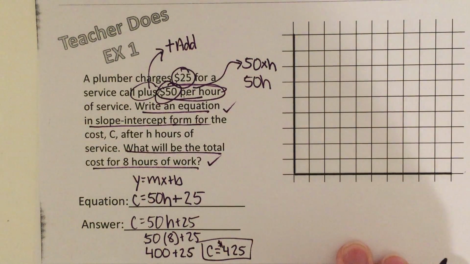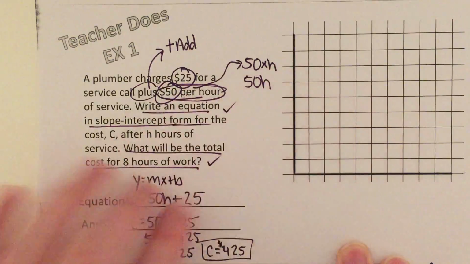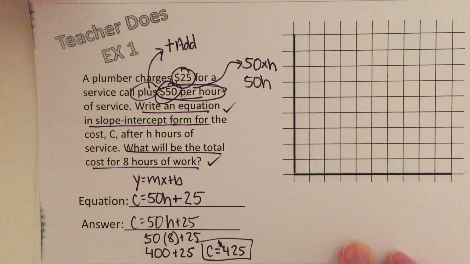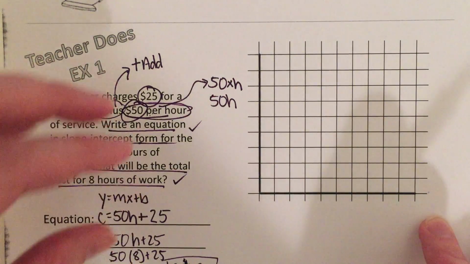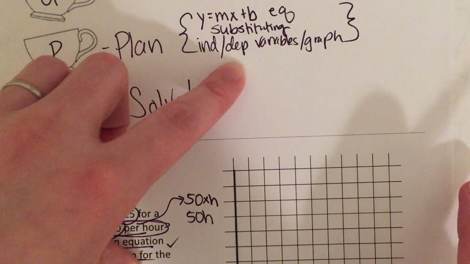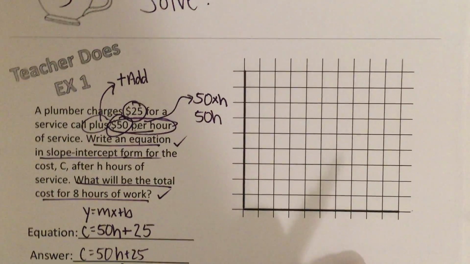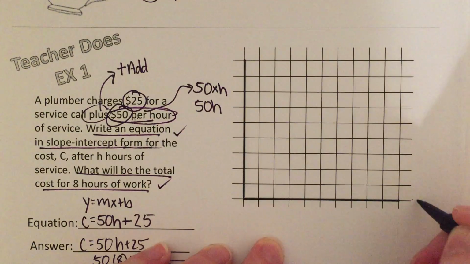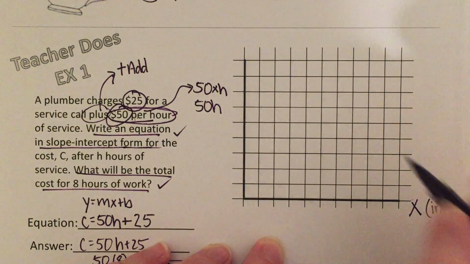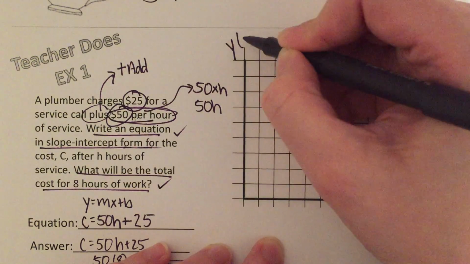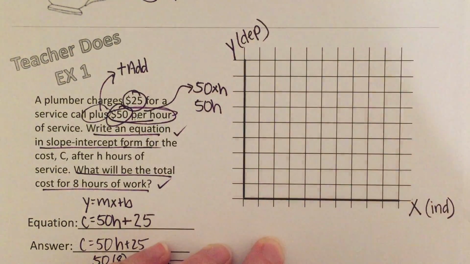So the question doesn't say to graph, but on your independent assignment today, you will be expected to graph some of these word problems and the equations that surround them. So when we're graphing, we have to go back, look at the independent, dependent variable setup, and we know that x is our independent, y is our dependent.